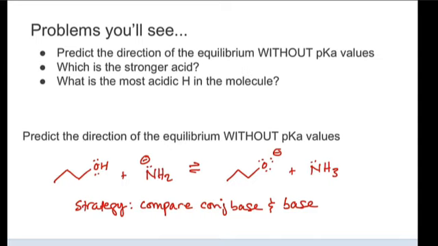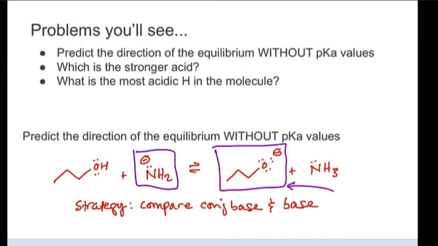And so that would be the NH2 minus and this compound here with the negative charge on oxygen. I'll just tell you that this particular reaction favors the forward direction because the product here, this guy, is more stable as an anion. And so that's the type of thinking we're going to be doing.